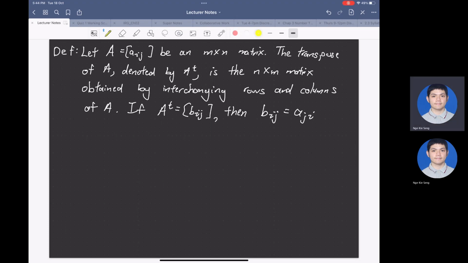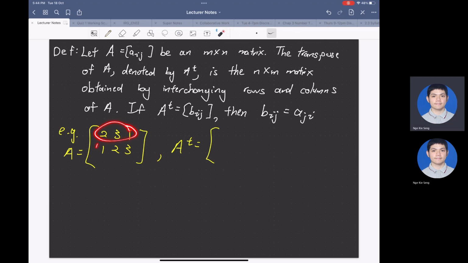I think this is clear if we look at one example. For example, look at 2, 3, 1, 1, 2, 3. This is our A. So the A transpose is you turn this row into a column, and then you turn this row into a column, where you get 2, 3, 1, and 1, 2, 3. So this is the transpose.